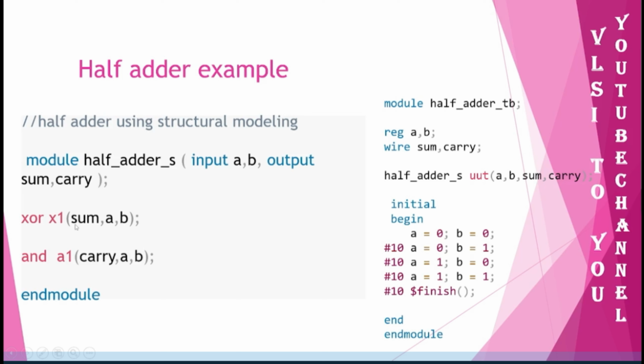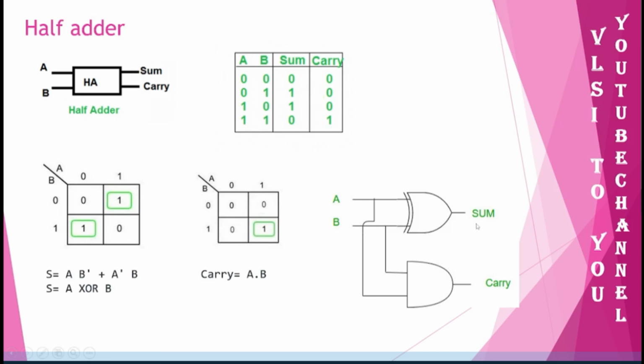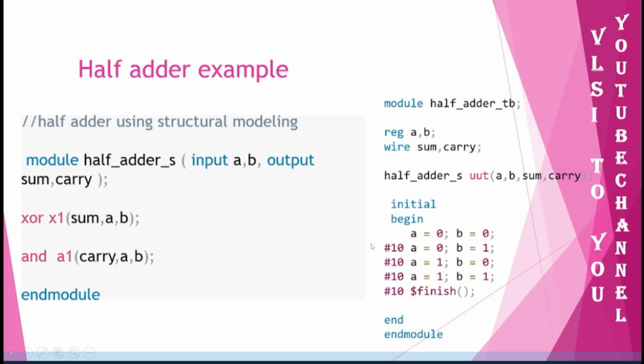Then first you mention the output and then the inputs. Here the output is sum and the inputs are A and B, so: sum, A comma B. Similarly for the AND gate: AND, any name, then the carry which is the output, and then A and B which are inputs. Then endmodule.